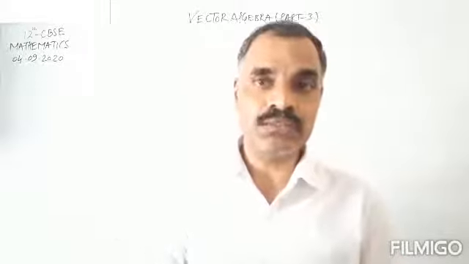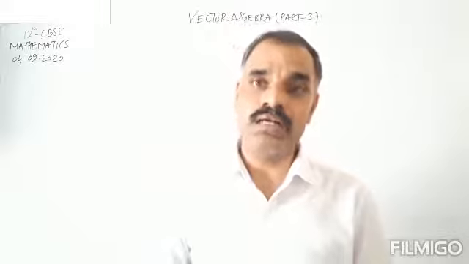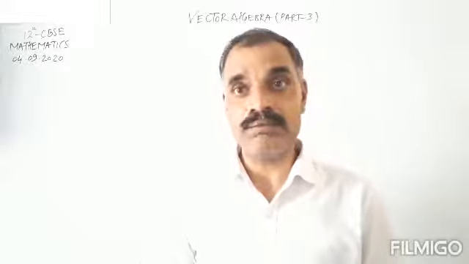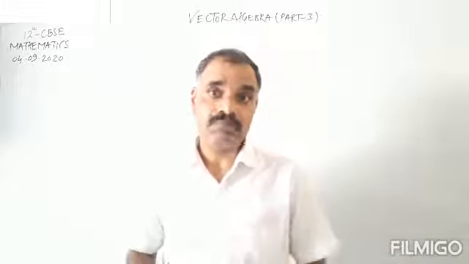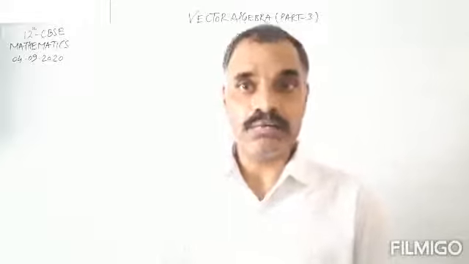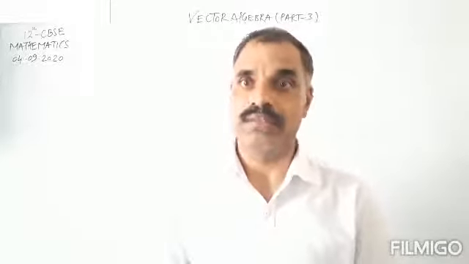So these are the two laws that we have already learnt about the addition of vectors, and subtraction of vectors. Subtraction of a vector is again the addition of a vector and the negative of a vector.